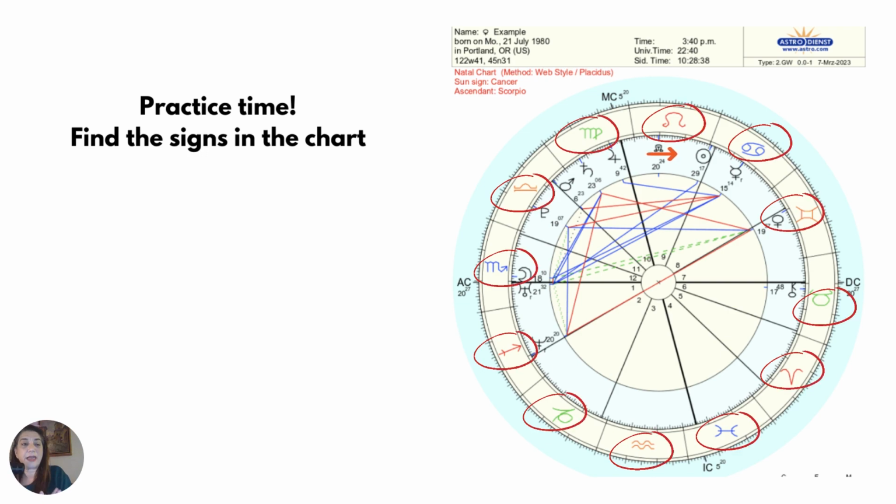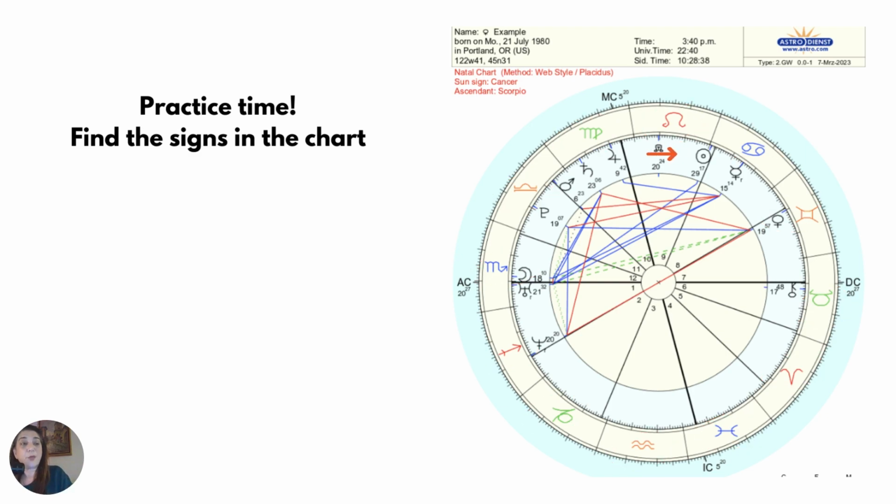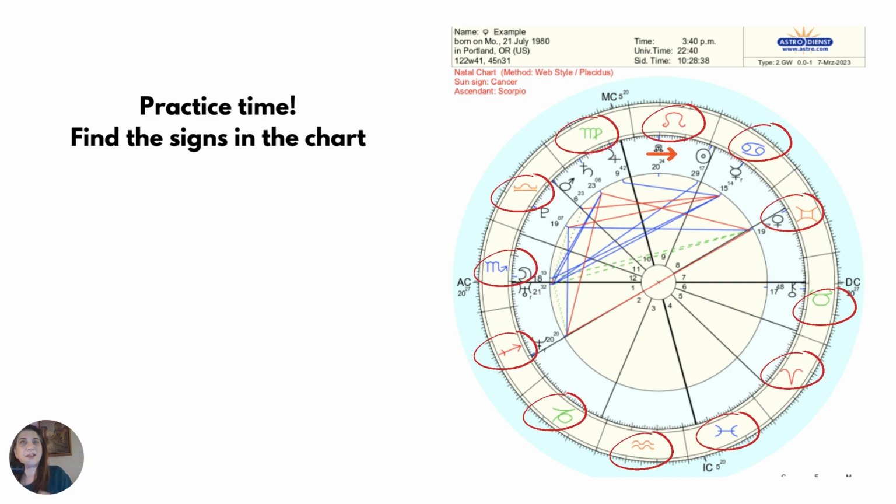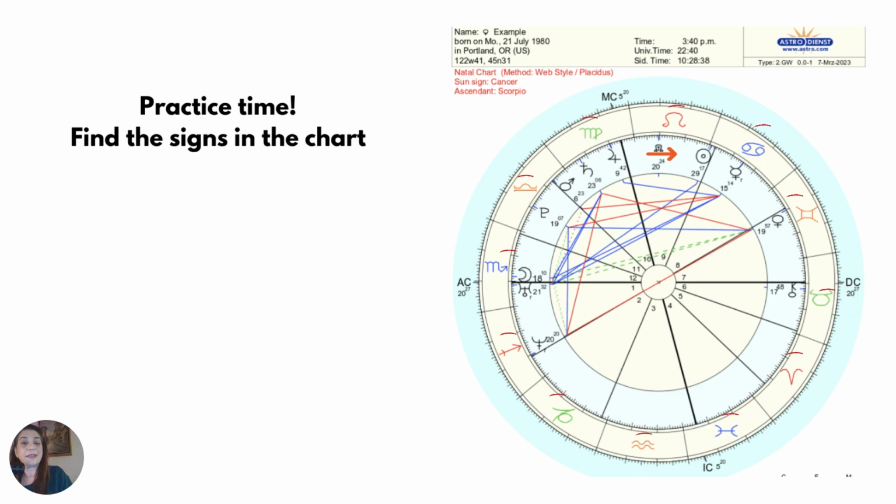That's the beginning and end of the sign. You can find the degrees by looking at the little tick marks inside or on the outside. You'll have to expand it, zoom in to see them, but they each represent 1 degree of that sign. Every sign has 30 degrees. Every degree has 60 minutes.